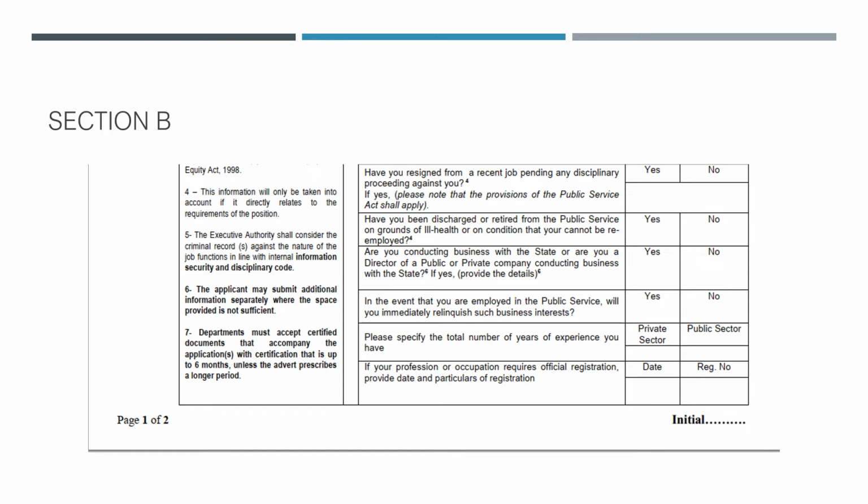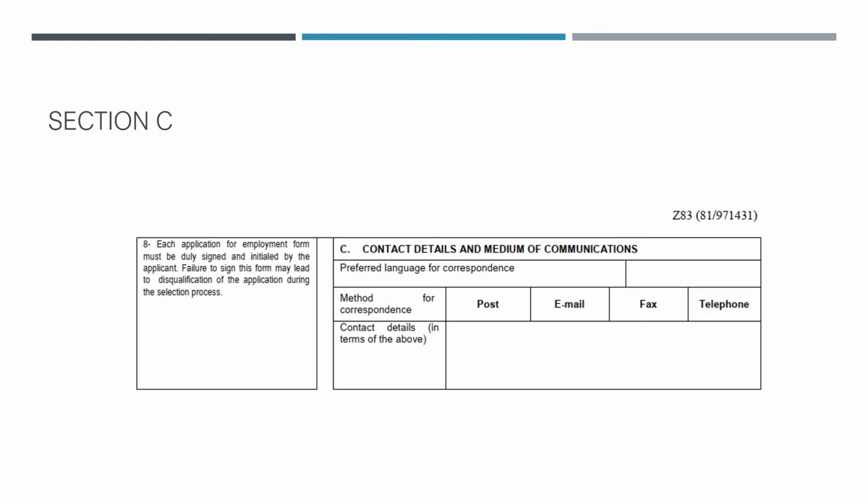Okay, so moving on to section C. Section C of the form is about your contact details and medium of communication. So basically here they're looking for the way that you want to be reached in case you are called for an interview, or even once you have acquired the job.